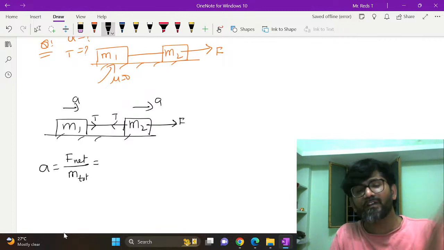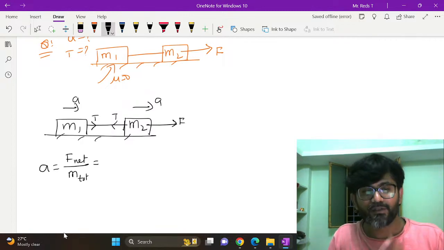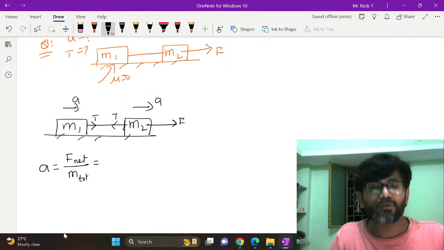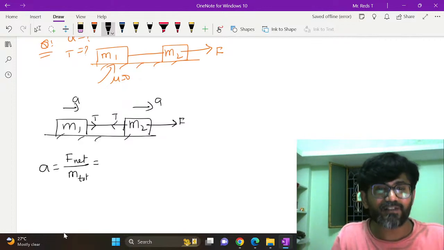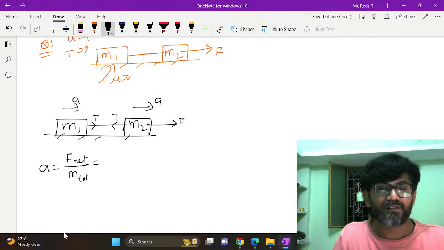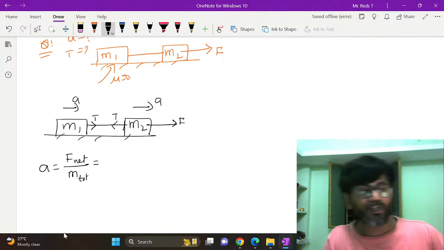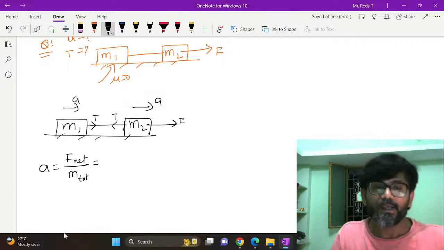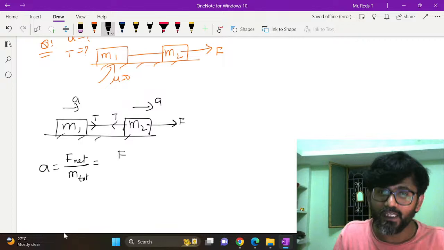As there is no motion in the vertical direction, they will balance, so the vertical forces will cancel out. So m1g and m2g will not be considered as net forces in this case. Because it is moving in the horizontal direction, only the horizontal force you have to consider. So the net force is F only. Total mass is m1 plus m2.